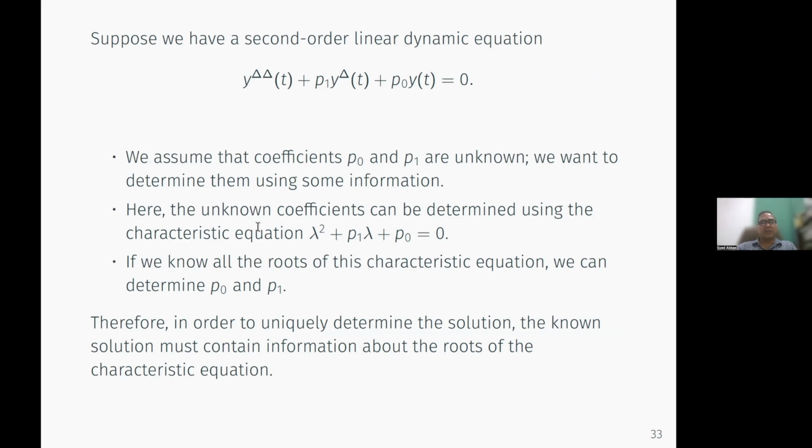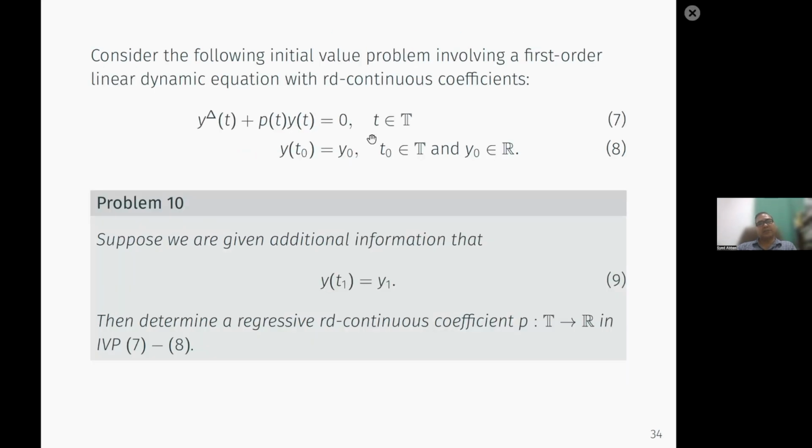The unknown coefficients can be determined using the characteristic equation, lambda squared plus P1 lambda plus P0 is 0. If we know all the roots of this characteristic equation, we can determine P0 and P1. So in order to uniquely determine the solution, the known solution must contain information about the roots of the characteristic equation.